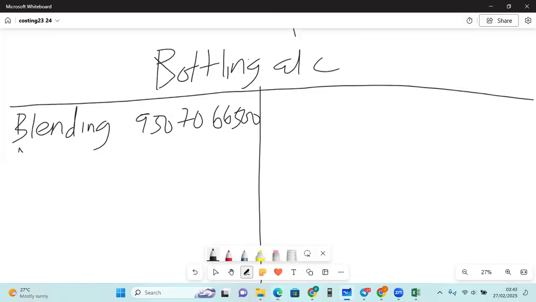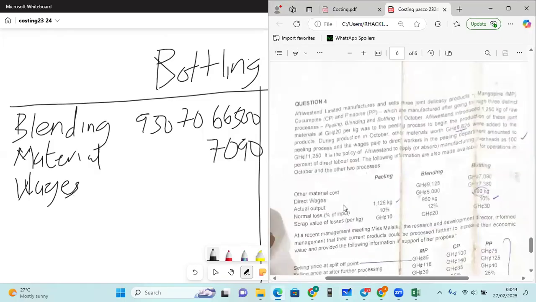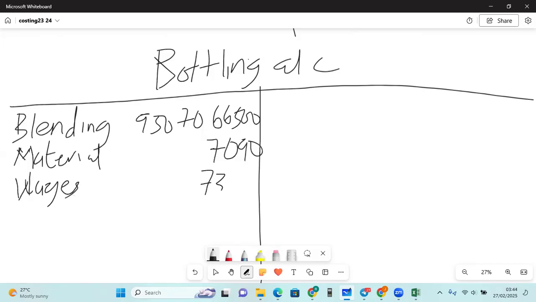So material 7090, wages 7380. Then overhead, same as the correct paper.